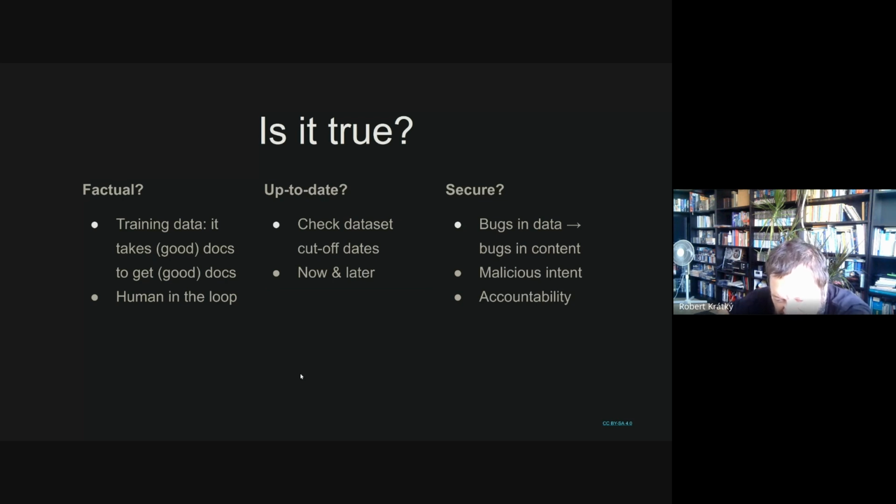But the fact is that because it is a generative model, and it looks at content and at the data very much statistically, there is a thing that needs to be taken into account, and that also comes into consideration in the "is it okay" part, but that it tends to amplify problems. If there is a bug in the data that it is being trained on, then chances are that the bug is going to surface in the content that is produced, but also chances are that the bug in the produced content is going to be more prominent than it was in the data that it was trained on.